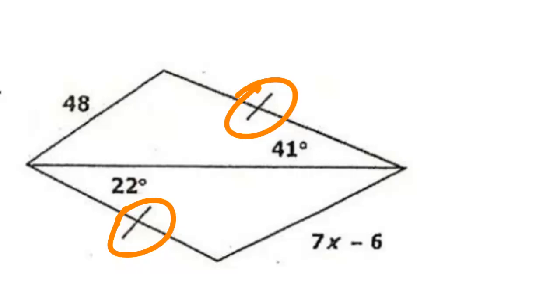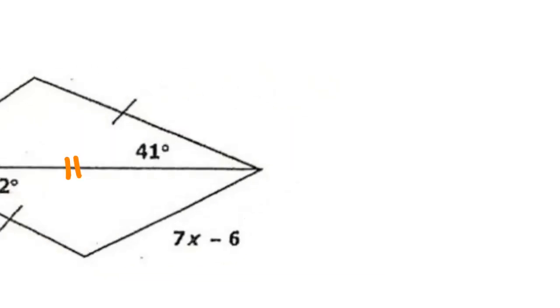Do I have anything else that I could put a congruence mark on? Shared side. Because I have two pairs of corresponding congruent sides, I can use the hinge theorem and the converse of the hinge theorem.